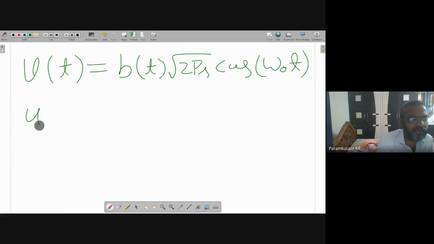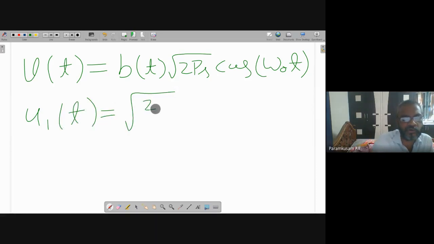Let us define an orthonormal function u1 of t is equal to root over 2 by Tb cos omega naught t.